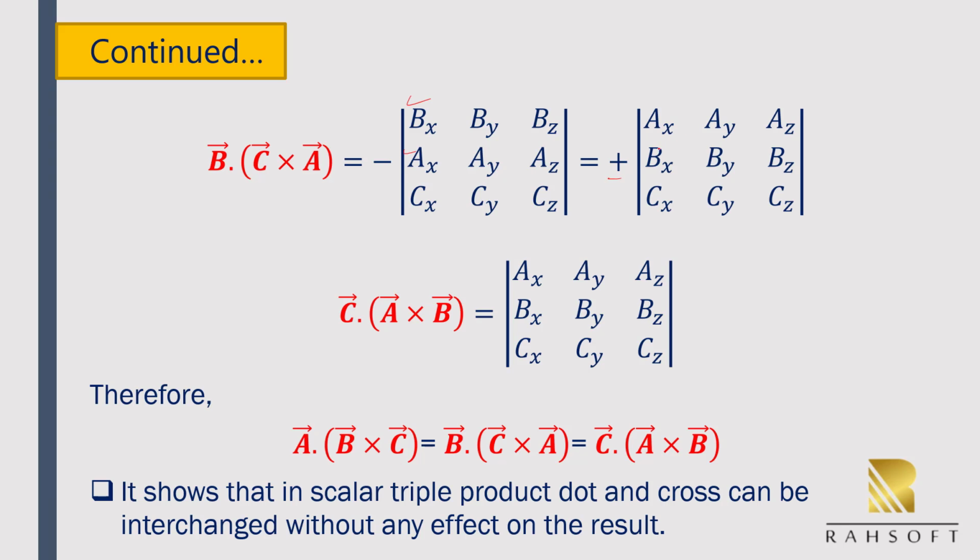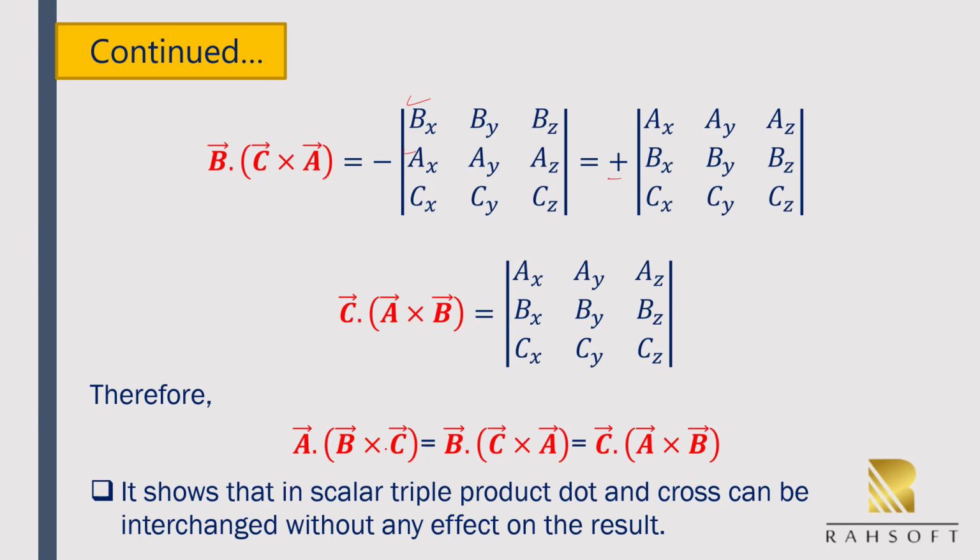Now the second row is the first row and the first row becomes the second row. So now it is Ax Ay Az, Bx By Bz, Cx Cy Cz. Same for C dot A cross B, which is equal to Ax Ay Az, Bx By Bz, Cx Cy Cz. So therefore the both terms are equal.